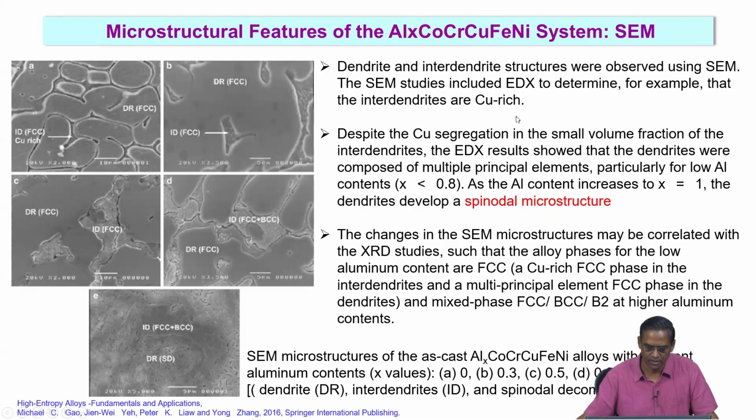So you have dendrite, and the copper segregation in a small volume fraction of the interdendrites.